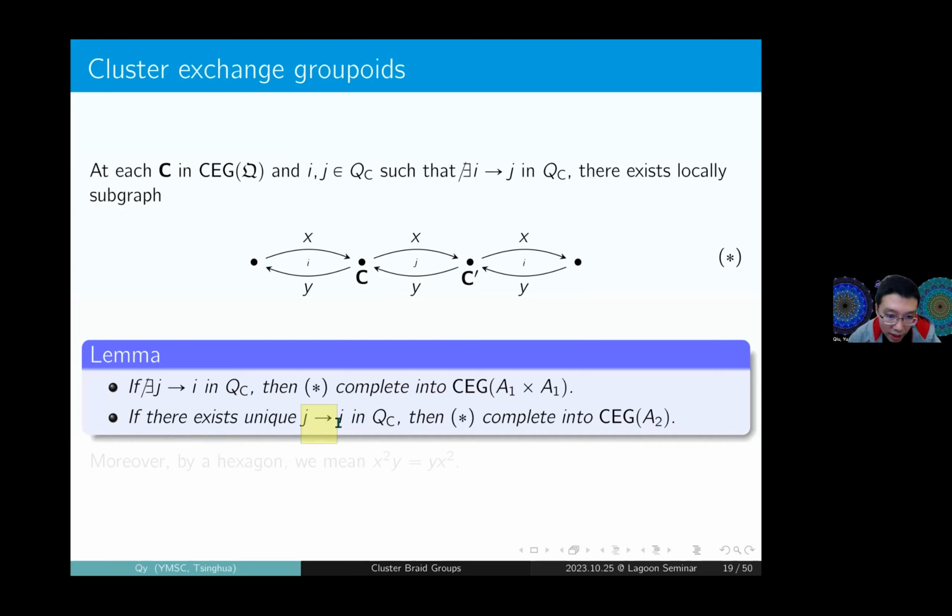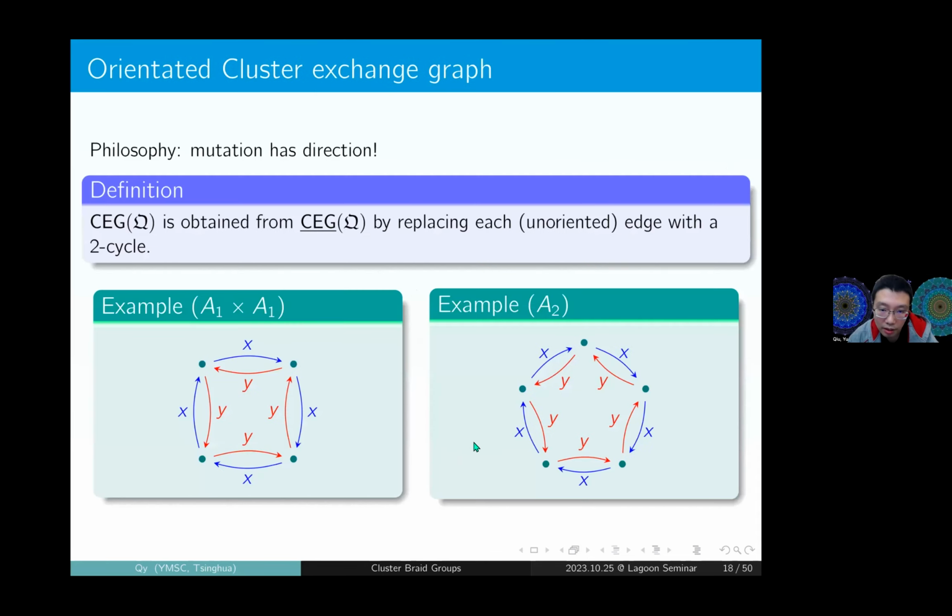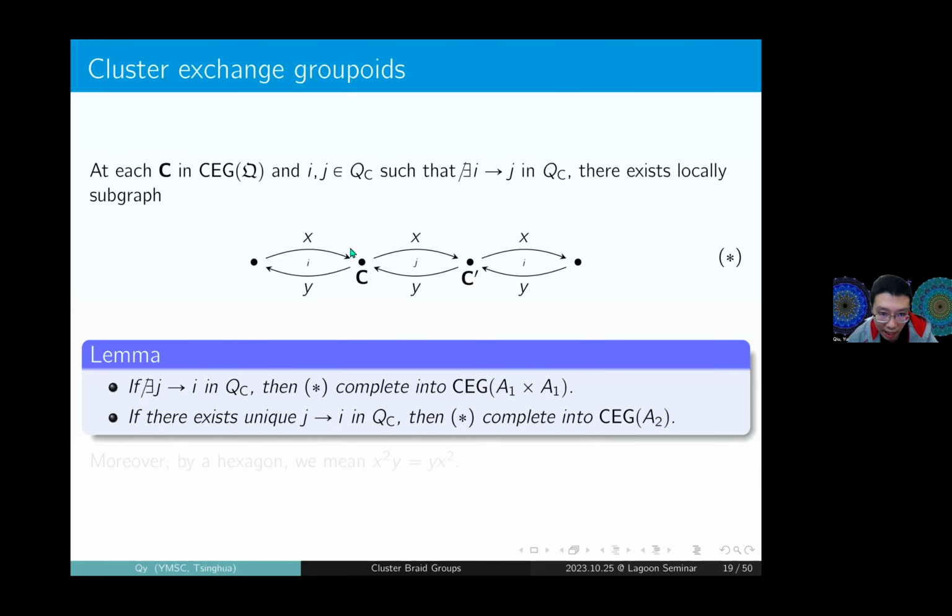If there's a unique arrow from J to I, you are in the A2 case, so you can complete this local graph to a doubled pentagon. Those are the two cases I show here. At each cluster, you choose two vertices of the corresponding quiver, look at the local mutation pictures, and get a doubled square or doubled pentagon.